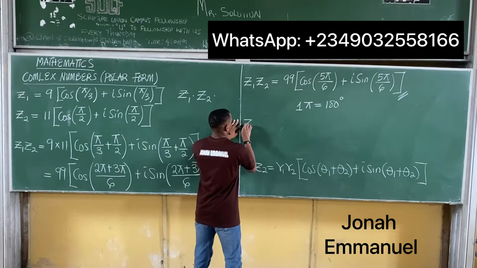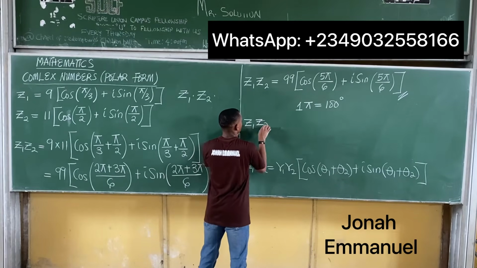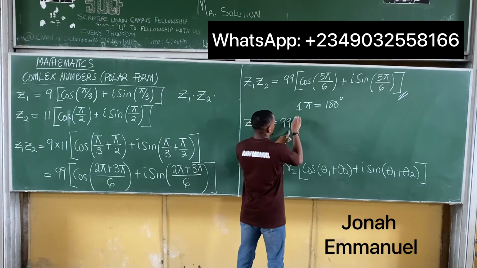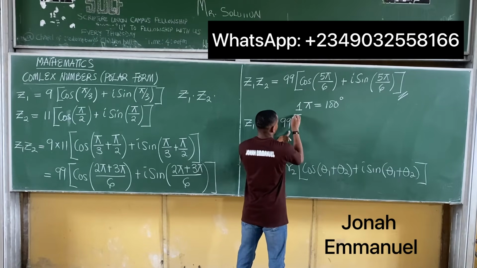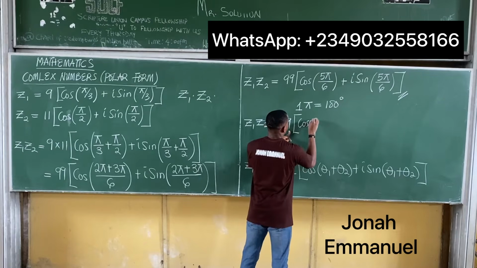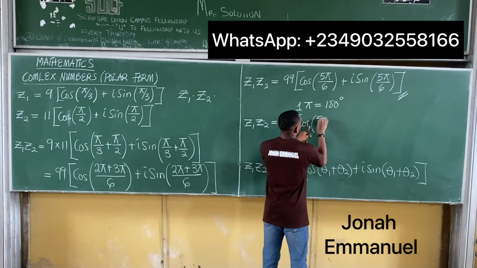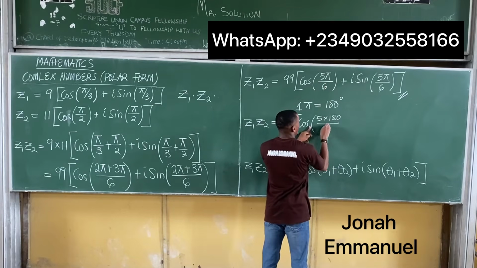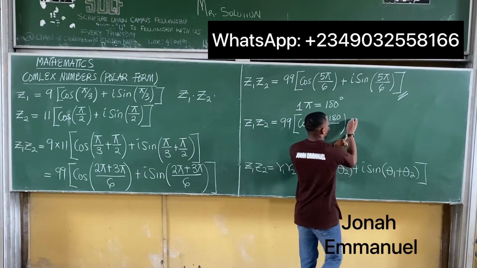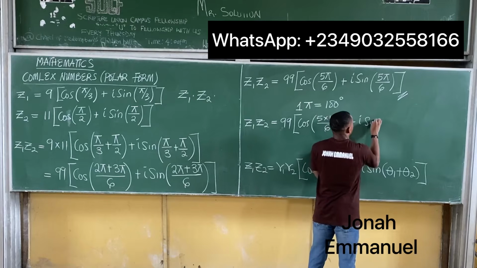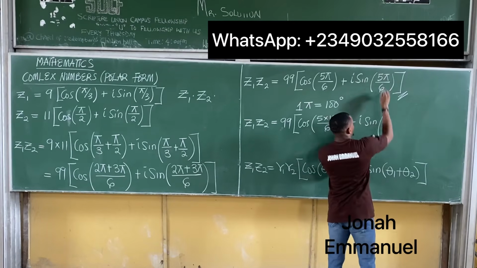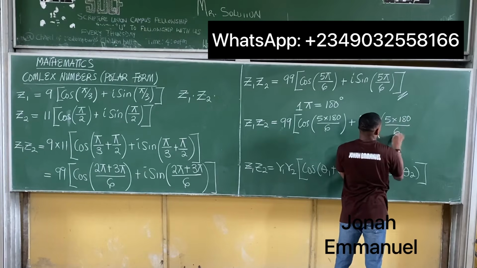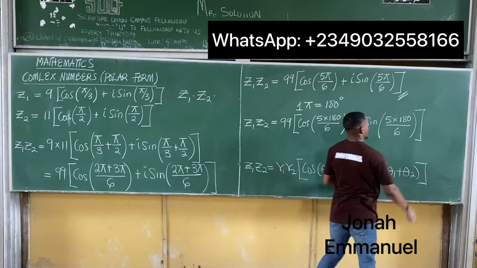We'll have that z1 z2 is equal to 99 into cos of 5 times 180 all over 6 plus i sine 5 times 180 over 6. So we have this value.